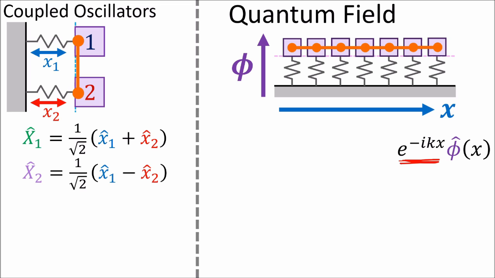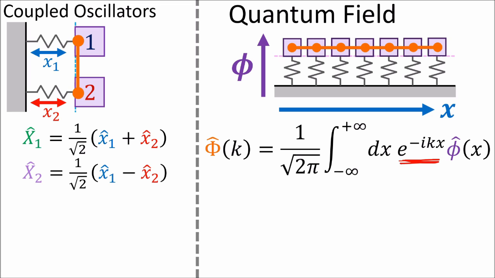Since x is a continuous variable, the linear combination over x is done using an integral over x. The result is the operator big phi, which measures the position of a specific normal mode with wave number k, which is related to the mode's momentum p using h bar.